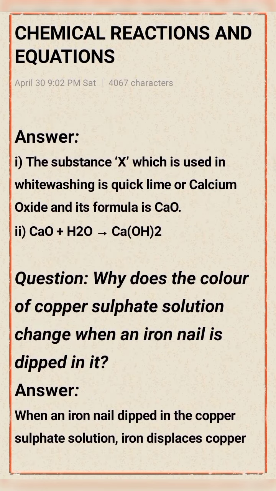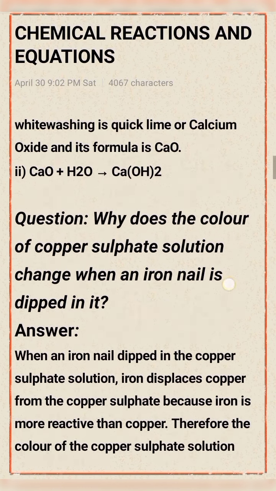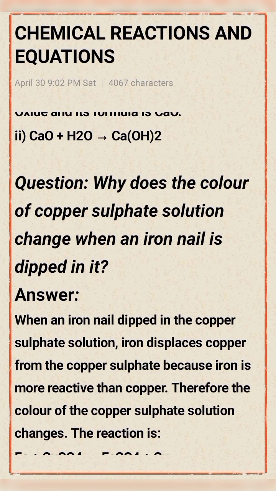Next question, why does the color of copper sulphate solution change when an iron nail is dipped in it? Answer, when an iron nail is dipped in the copper sulphate solution, iron displaces copper from the copper sulphate because iron is more reactive than copper.